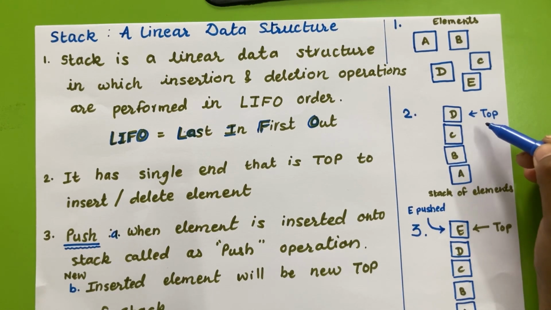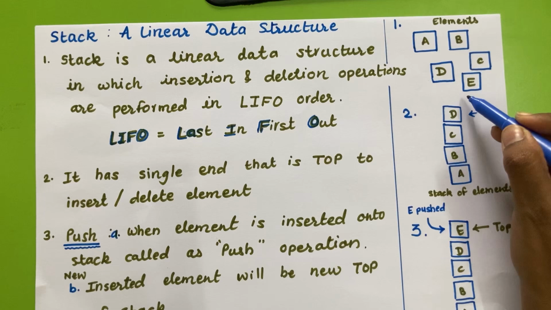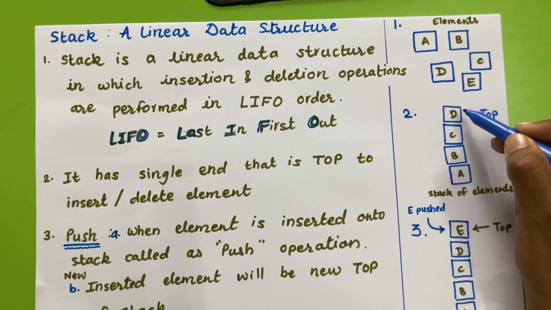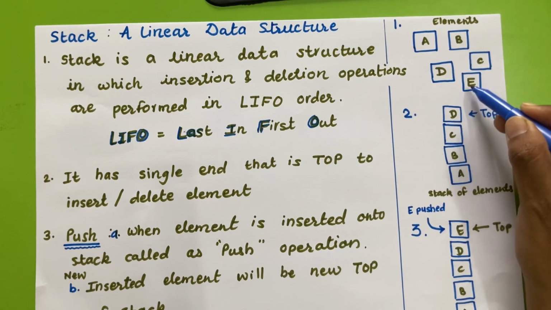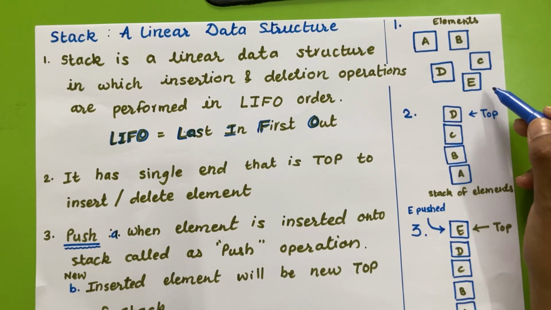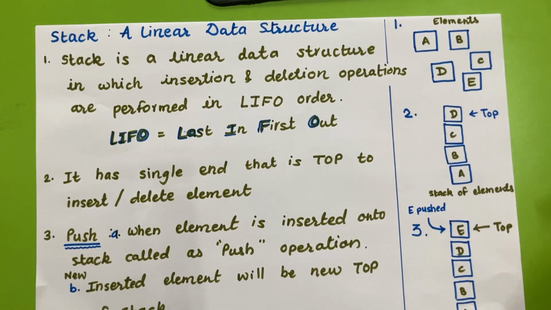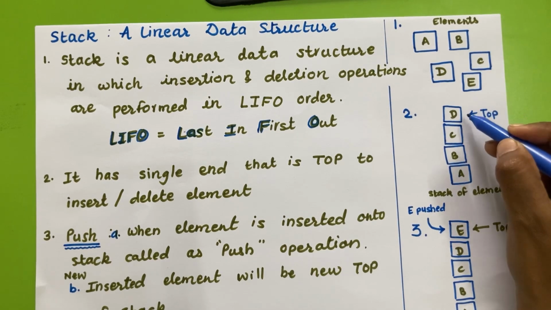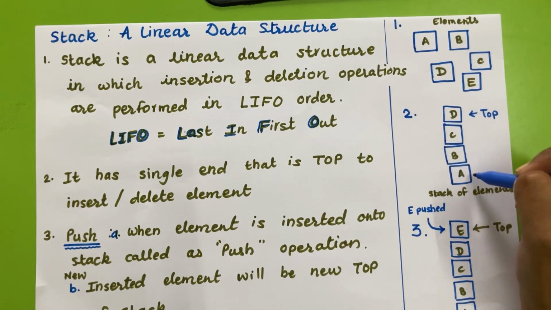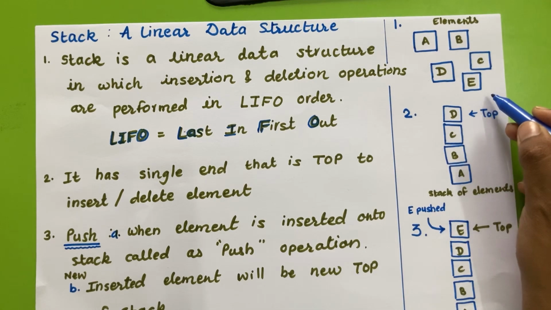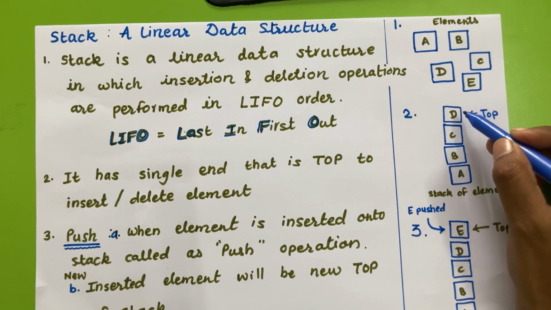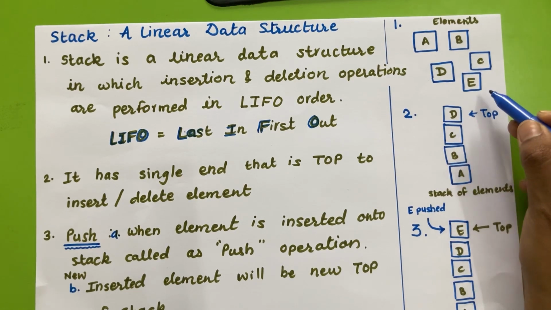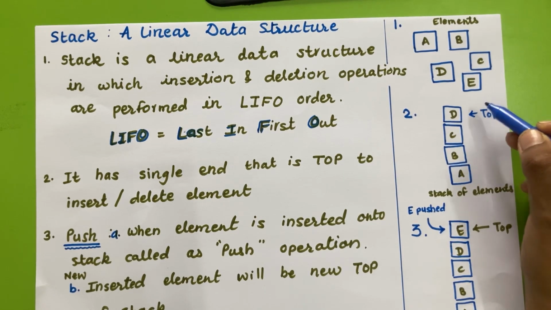Here we have seen that the last inserted dish will be the first removed dish. So we have only one end to insert a dish into the stack as well as to remove a dish from the stack, and the last inserted element will be the first element to move out of the stack.